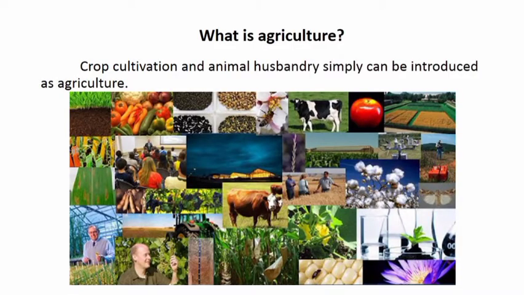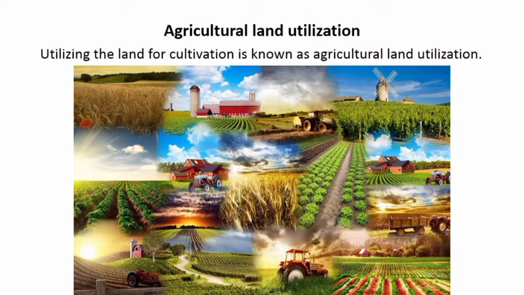First of all, let's look at what is agriculture. Crop cultivation and animal husbandry simply can be introduced as agriculture. Agricultural land utilization is utilizing land for cultivation.